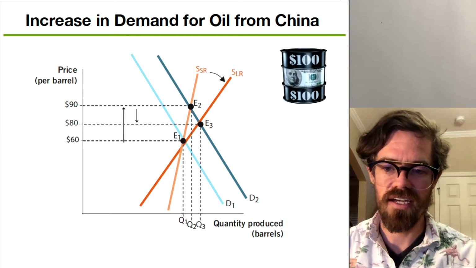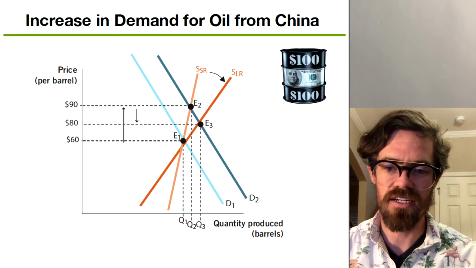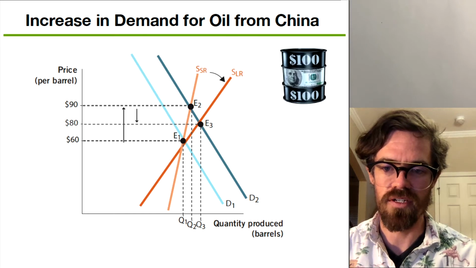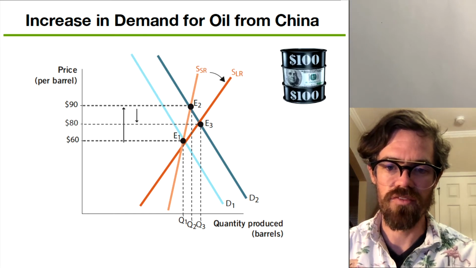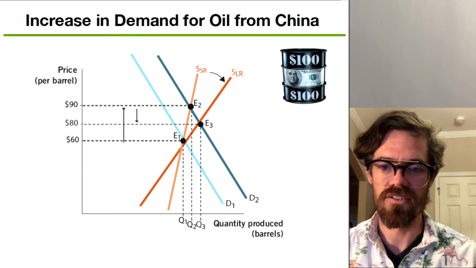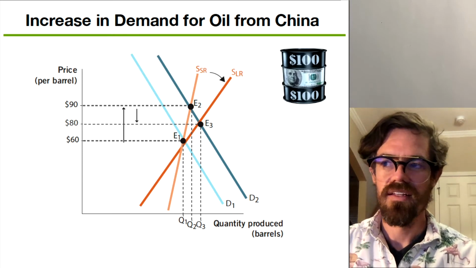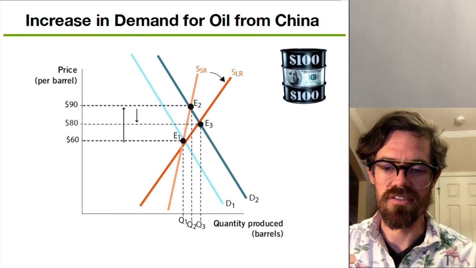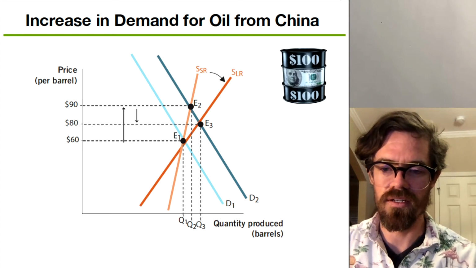We also see that the price response is smaller. Instead of going from $60 to $90 with the short-run supply curve, we only go from $60 up to $80 in the long run. There you go. That's how elasticity can affect changes in equilibrium.